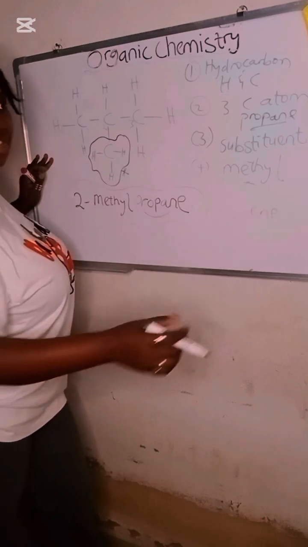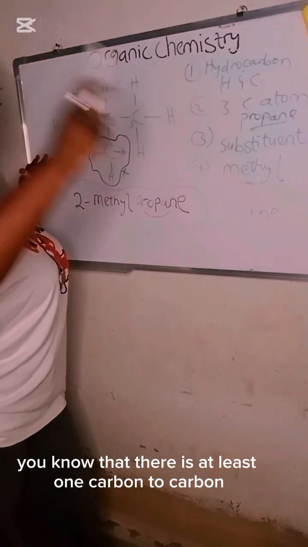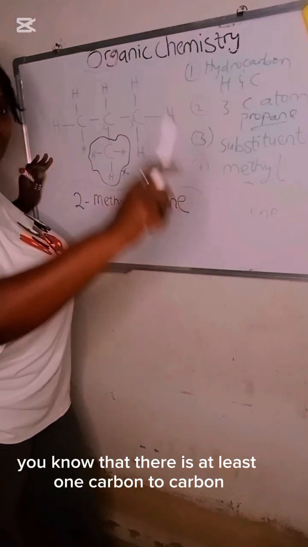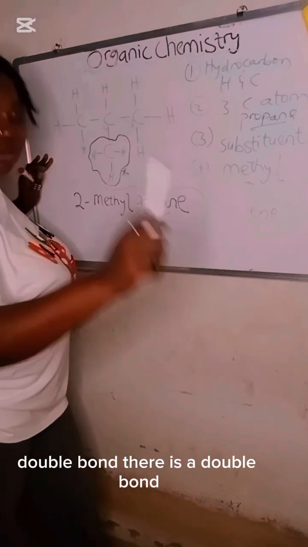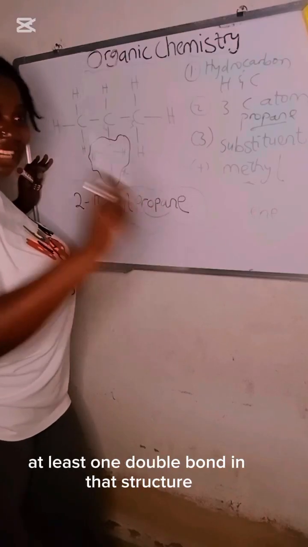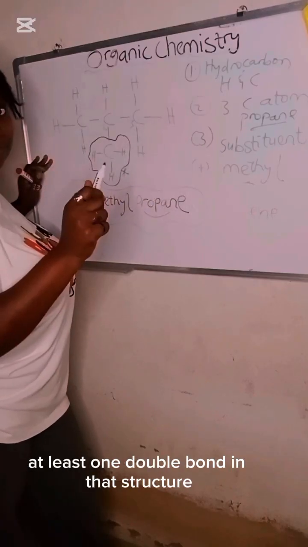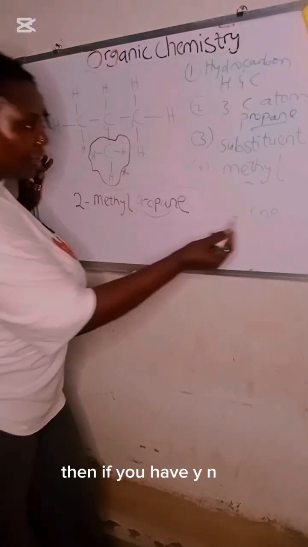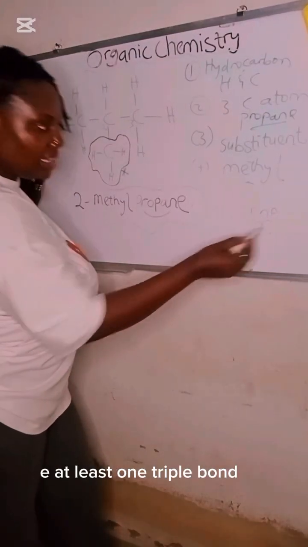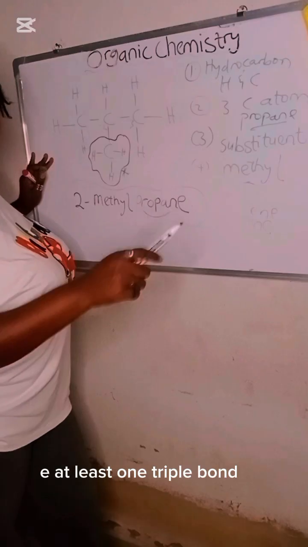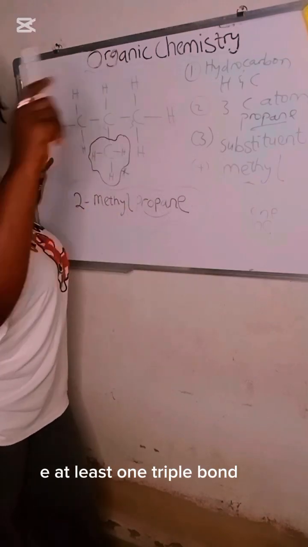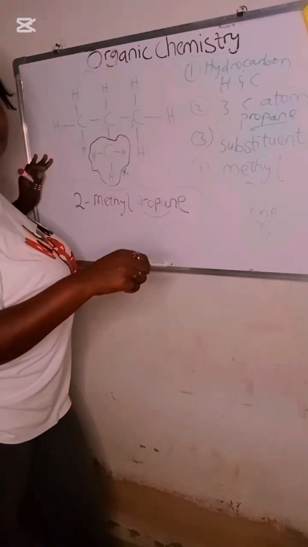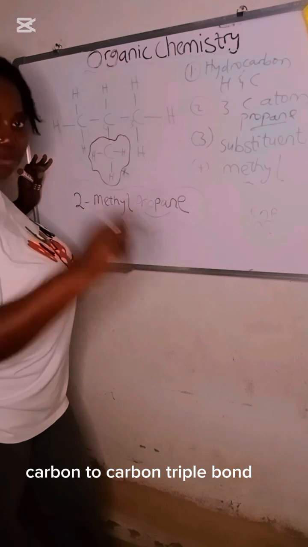If there is ENE, you know that there is at least 1 carbon to carbon double bond in that structure. Then if you have YNE, at least 1 carbon to carbon triple bond.